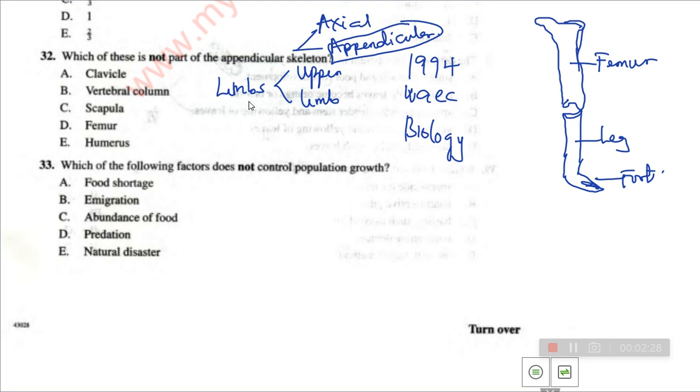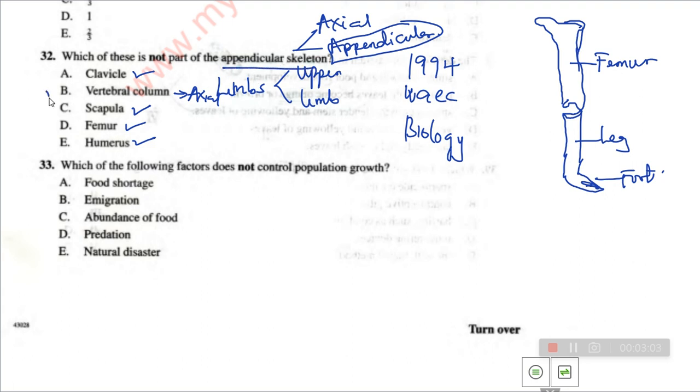So femur is appendicular skeleton, humerus is appendicular skeleton, clavicle is part of the upper limb, so it joins with the humerus at the humeral joints. Scapula also is part of the upper limb, but the only one that is not part of them is the vertebral column, because the vertebral column is an axial skeleton, so it can never be appendicular skeleton.